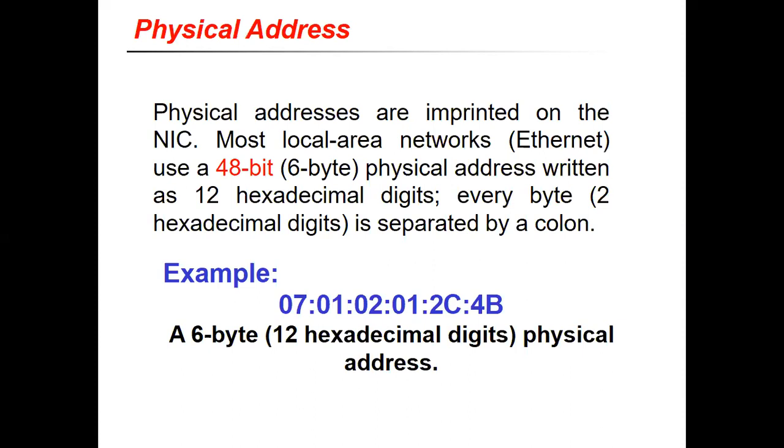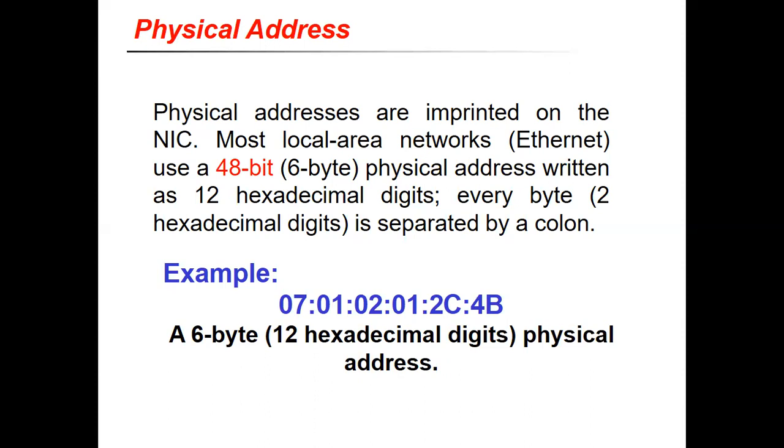Each byte in hexadecimal is separated by a colon, for example 07:01. 07 is 2 hexadecimal digits, therefore total 48 bits, that is 6 bytes. This physical address is imprinted on the NIC, the network interface card.